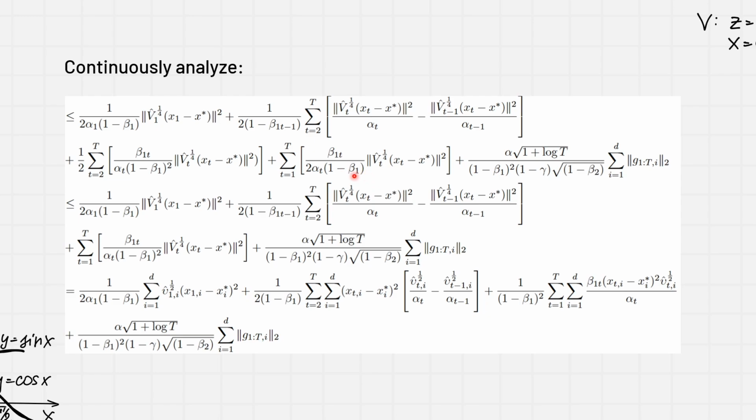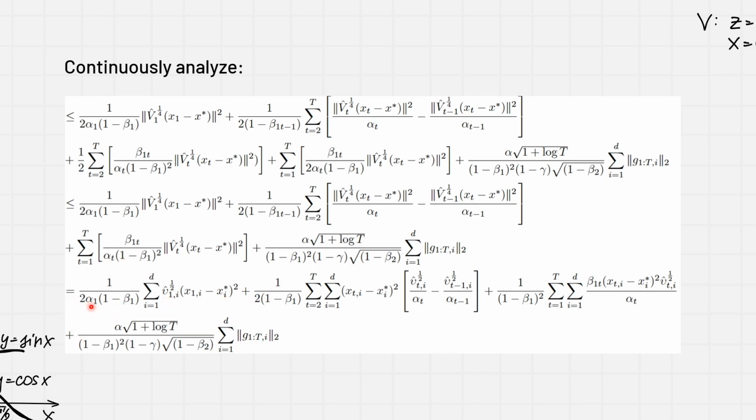And then we multiply this term with a number greater than 1, namely 1 over 1 minus beta 1. And then here, we change to 1 minus beta 1 squared. Since here changed to 1 minus beta 1 squared, we found that these two terms become the same. And thus we put them together by multiplying by 2 and get this term here.